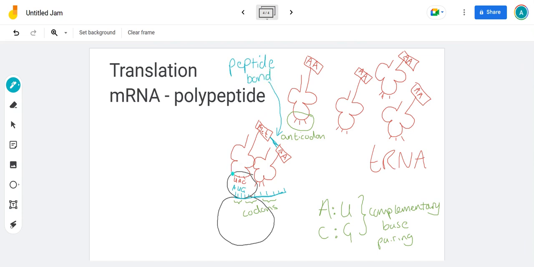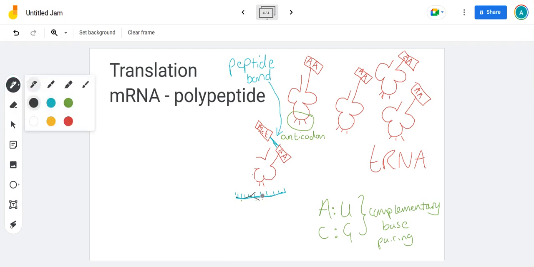Okay. Now, interestingly, this first tRNA actually gets reused. So that tRNA will detach, but it will leave its amino acid in the chain just there. Okay. Then what happens is, as we said before, the ribosome moves along. Let's just put this on a little bit. So the ribosome then moves along.